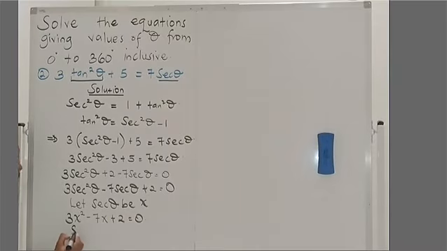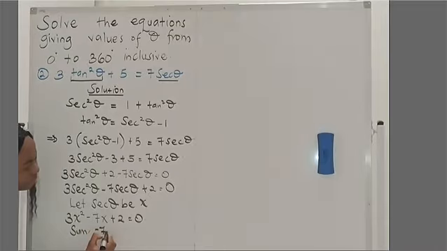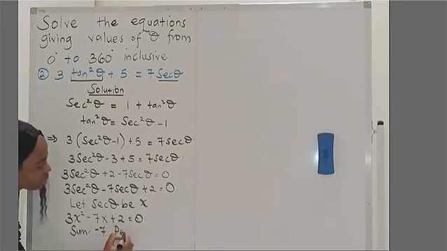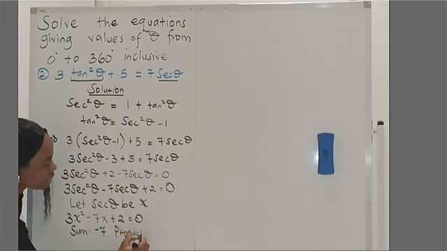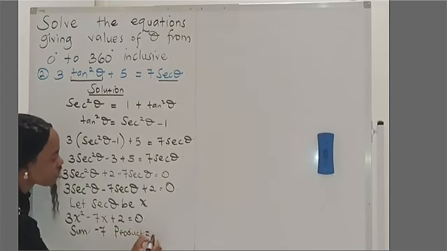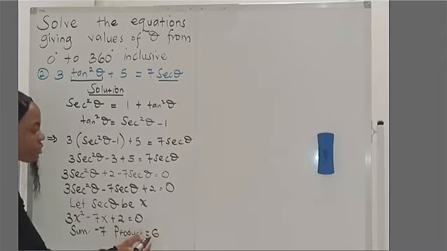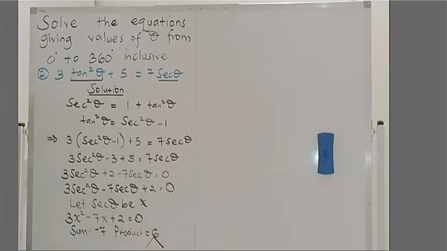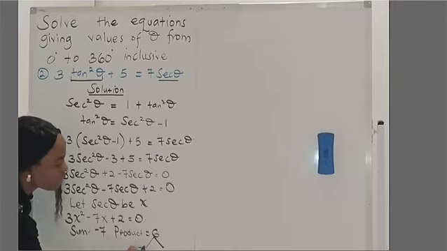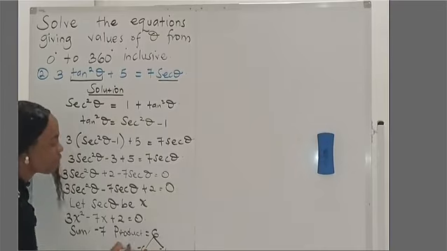Now what is your sum? Your sum is -7, and your product is 3 times 2, which is 6. Now which factors shall we use? I need to get 6 as the product and -7 as the sum. I'm going to use -6 and -1.